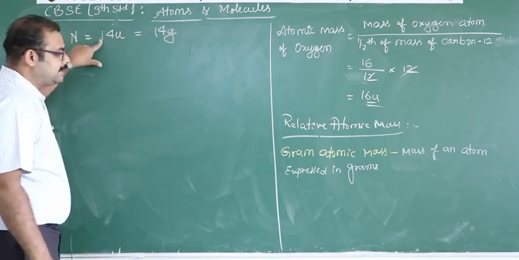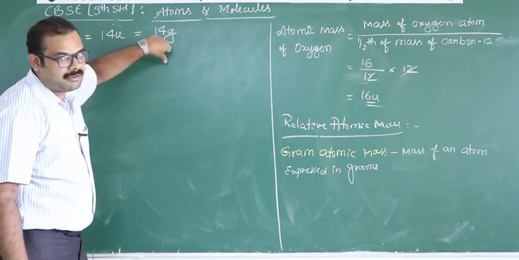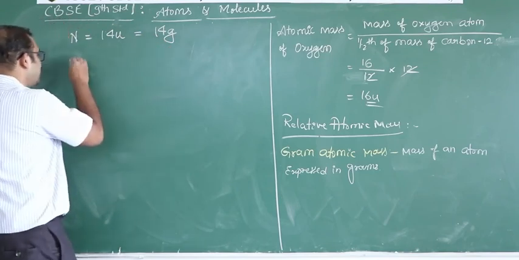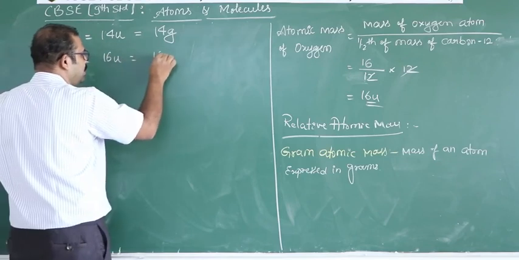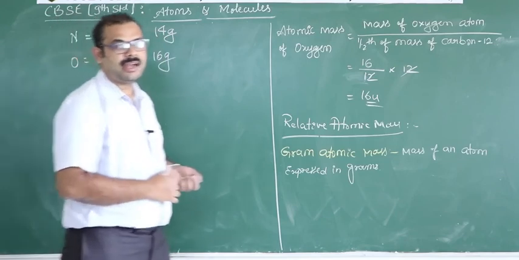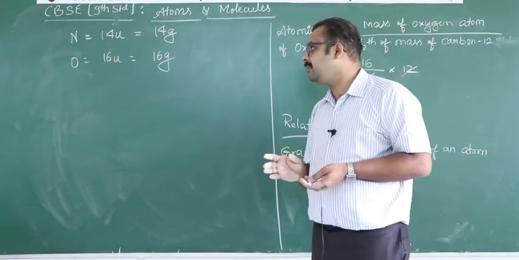It is the representation of atomic mass in terms of grams, and is called gram atomic mass. Similarly, oxygen has 16 unified mass, and in terms of grams it is 16 gram. This is how we represent gram atomic mass.